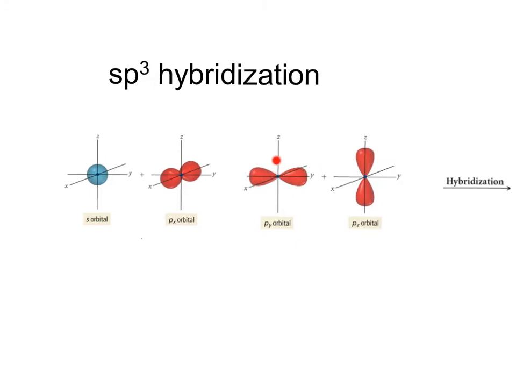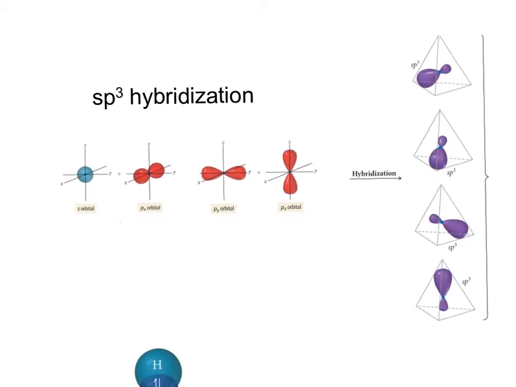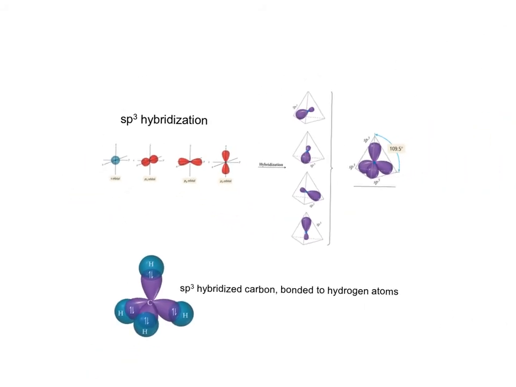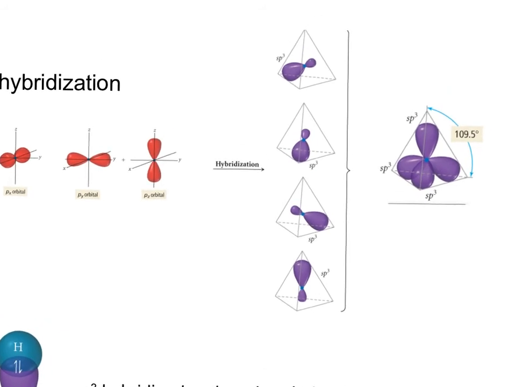In 3 dimensions, there's the node right there. And so waves can add together, that whole idea of superposition of waves. So you can add and subtract these wave patterns. And then what you get is 4 sp3 hybrids.